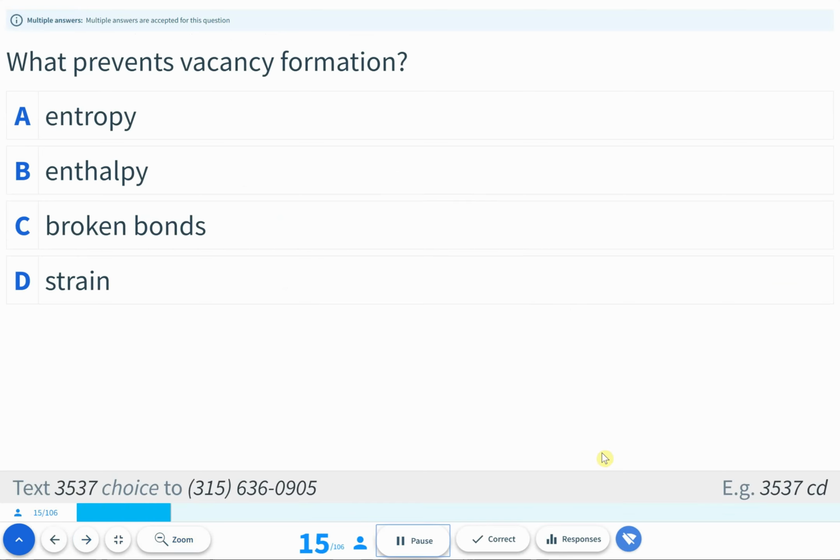Is it A, entropy, B, enthalpy, C, broken bonds, or D, strain? There might be two right answers here. I don't remember when I programmed this. I get the feeling there's two right answers.